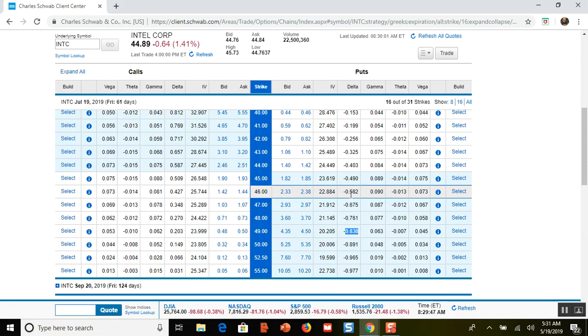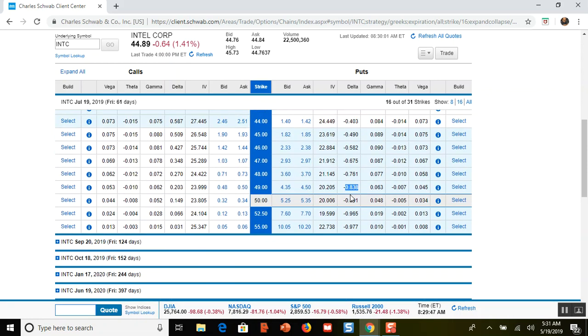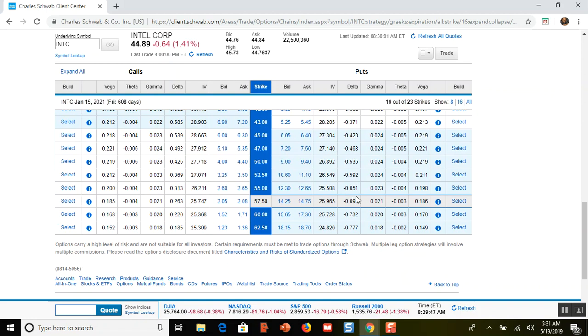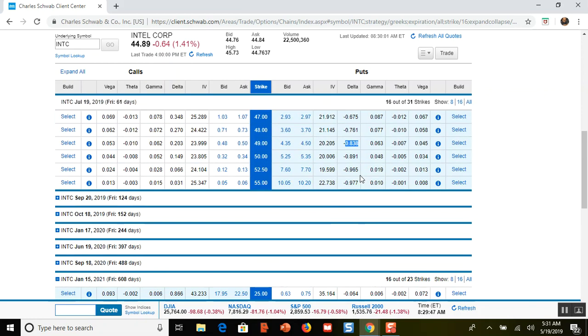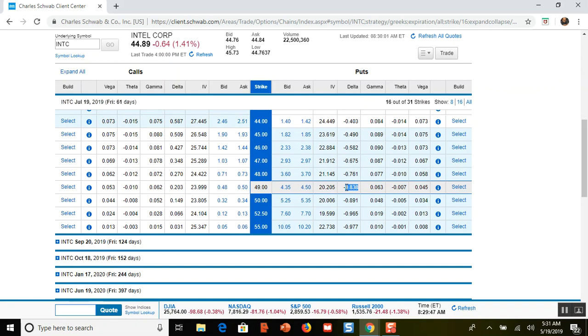Every dollar it goes down, I take a $30 loss because my long put has a 60 delta, and my short put has an 83 delta. So that's actually like $23. So every dollar it goes down, I lose $23.